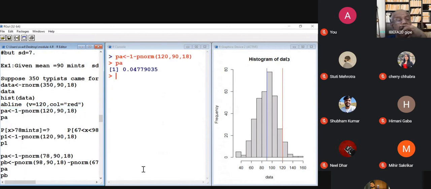Next, above 78. The same as above. Instead of 120, you have to go for 78. Correct. So again, I can plot that on the graph with abline, vertical line v equal to 78, comma, color equal to green.